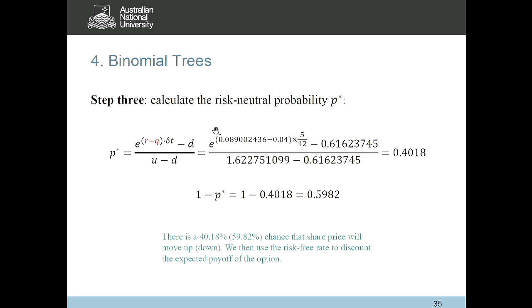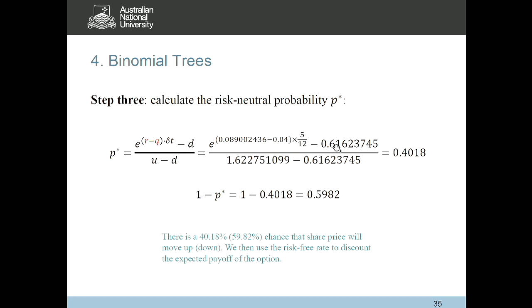We already converted the risk-free rate, so the continuous risk-free rate is 8.9%, and the dividend yield is already in a continuous version, so that's 4%.